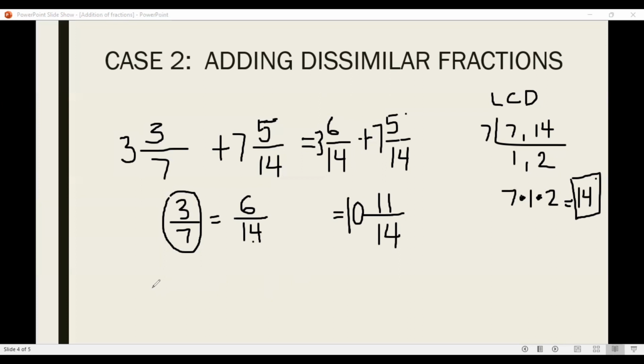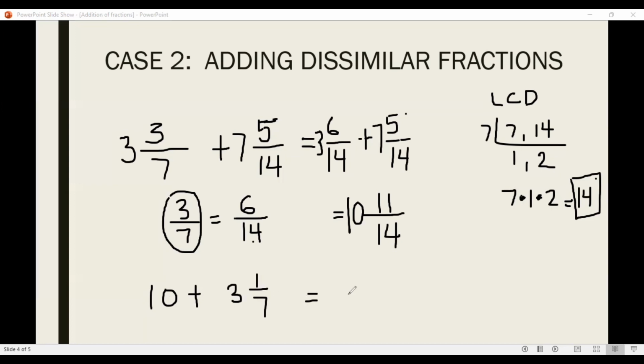Now, in a case wherein you simply have a whole number, let's say for instance, you have 10 plus, let's say 3 and 1 over 7. Okay, so in this case, if you have this example, what do we do? Remember, this is a whole number, so again, it should only be added to the existing whole number in the problem.